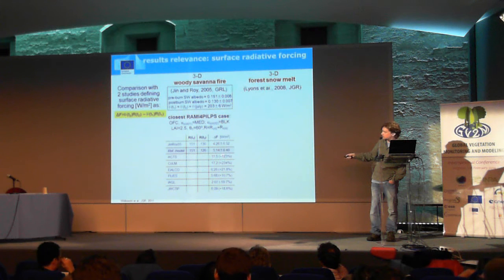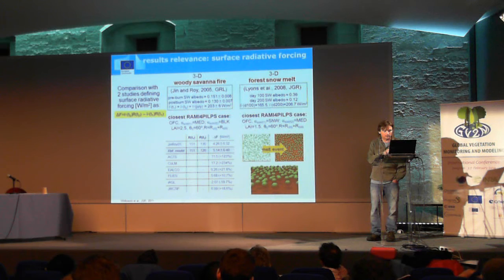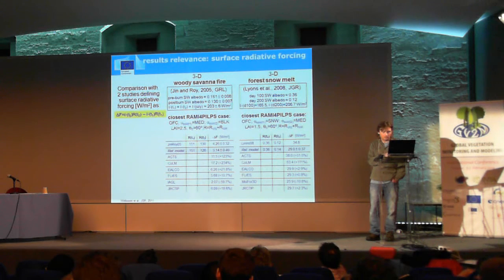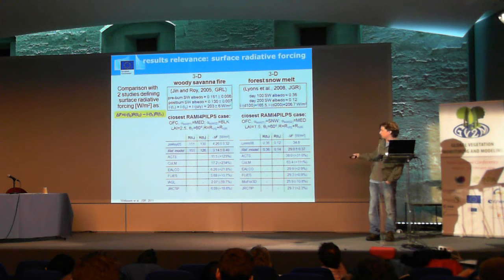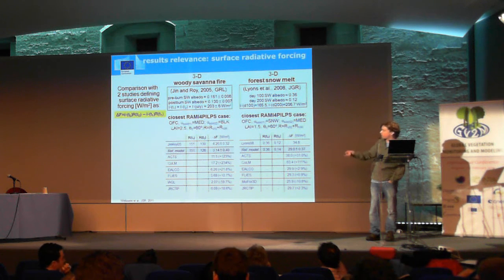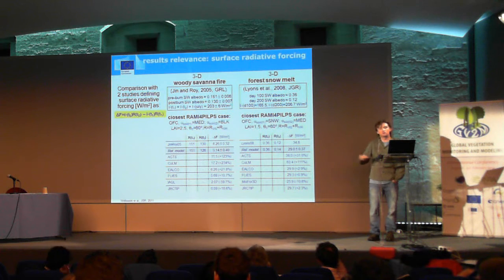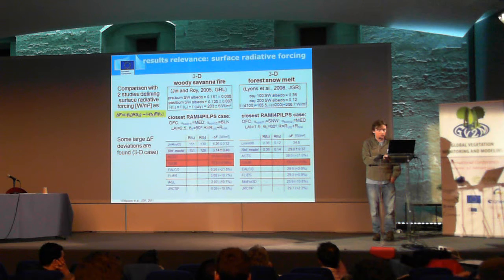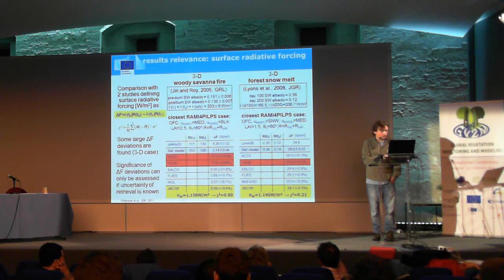You've got only a 3% change in radiative forcing for one of them. And this is the snow mountain case, where we're getting some quite high deviations, up to a deviation of 100% for radiative forcing. I was just highlighting the worst models.